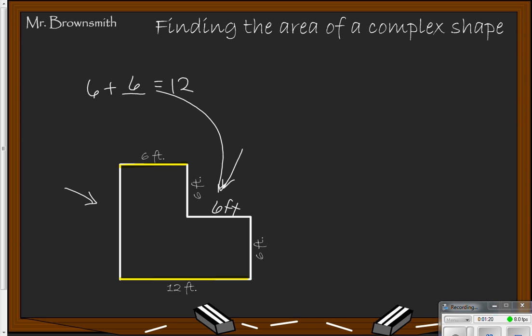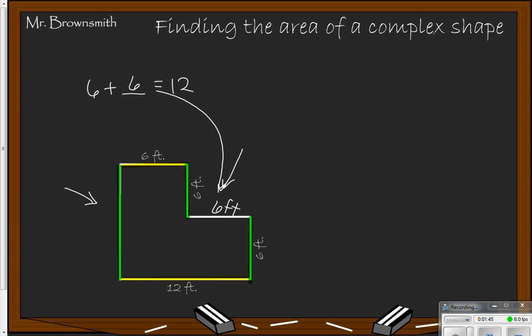Now we can do the same thing when we talk about the vertical lines. If we take a look at the vertical lines, we know this is 6 feet right here on this side. And remember that the sum of the two vertical lines on the right side is going to be the same as the sum of the vertical lines on the left side right here.